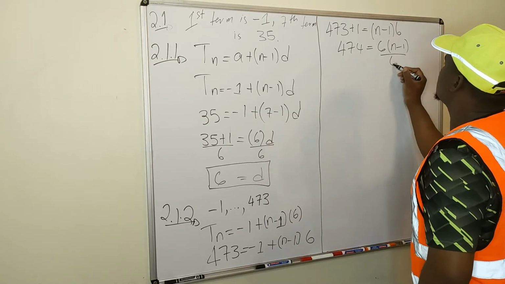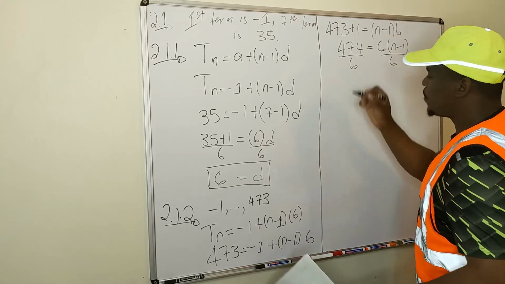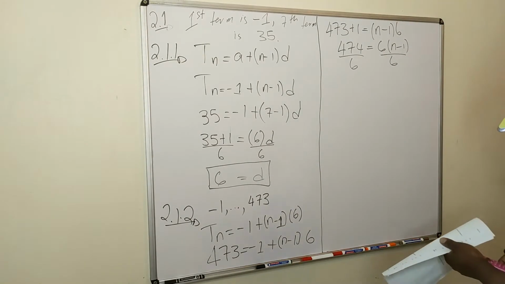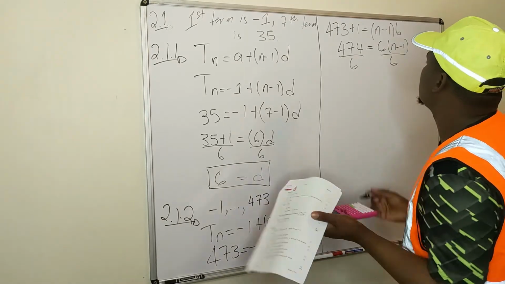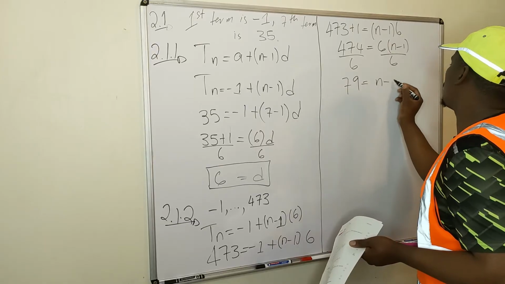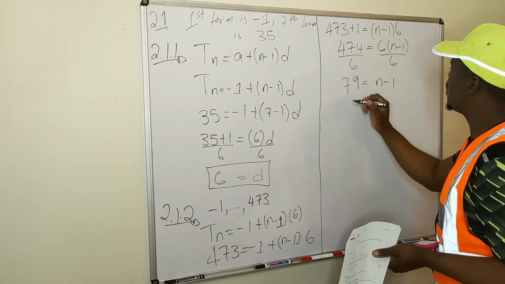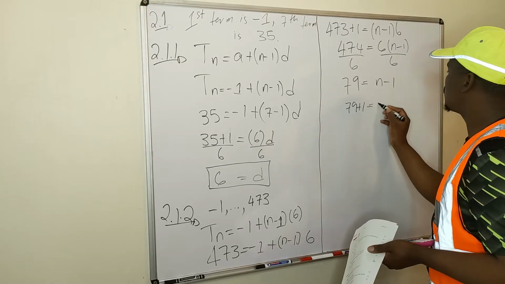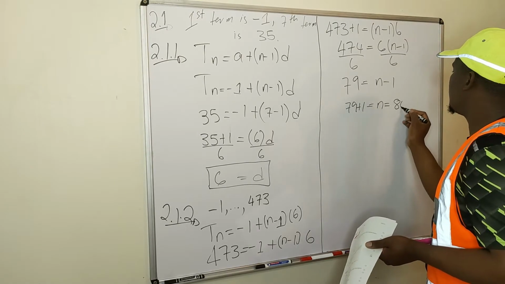Divide by 6, divide by 6. Punch that in the calculator, 474 divided by 6. The answer is 79, which is equal to n minus 1. So transpose the 1 to the other side: 79 plus 1 is equal to n, which means your n is equal to 80.